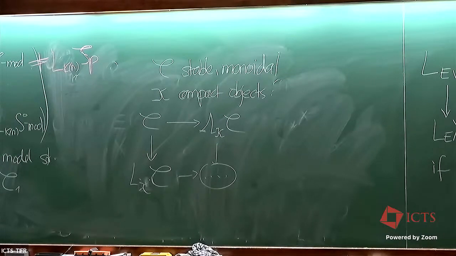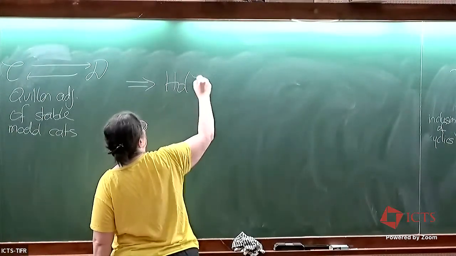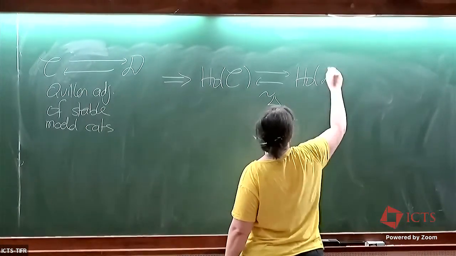So in general, if I have C and D stable model categories, and I have a Quillen adjunction, then I get an equivalence of triangulated categories between the respective homotopy categories.